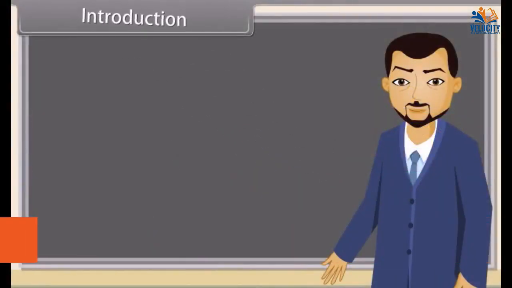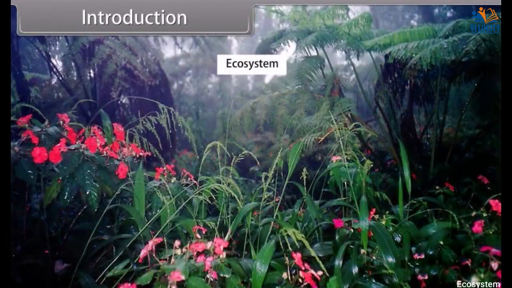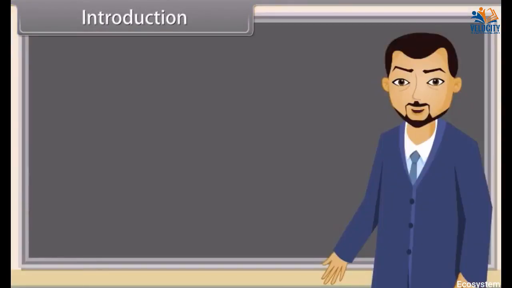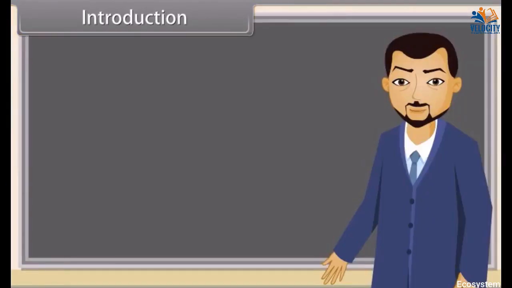Students, today we will learn about ecosystem. Okay, teacher. Anybody knows what is an ecosystem? Yes, teacher. A system that includes biotic factors and abiotic factors functioning together as a unit. Very good.